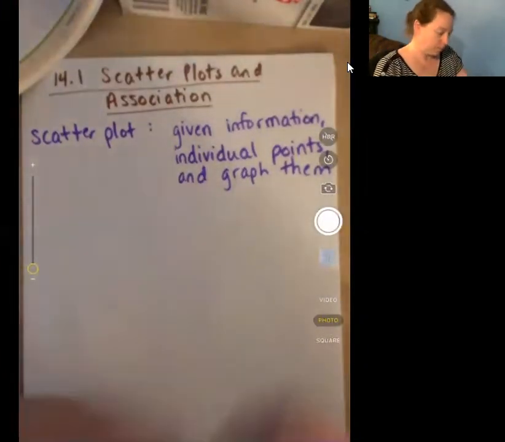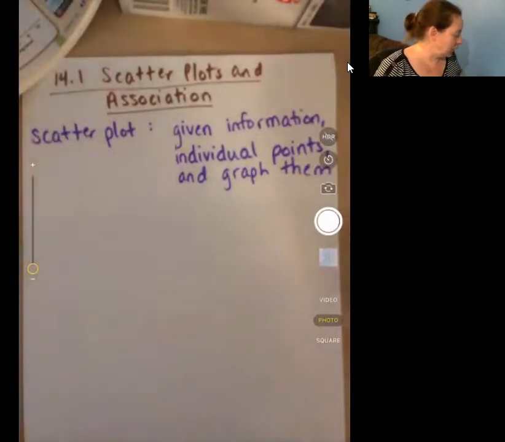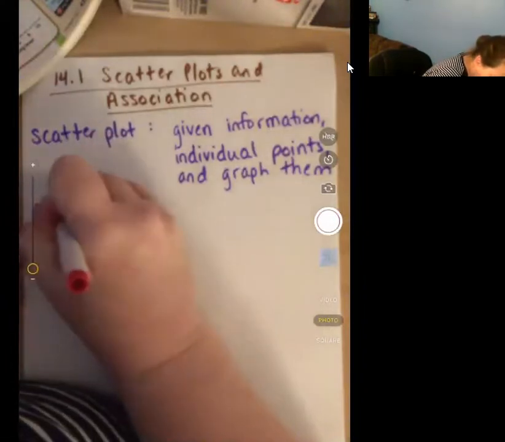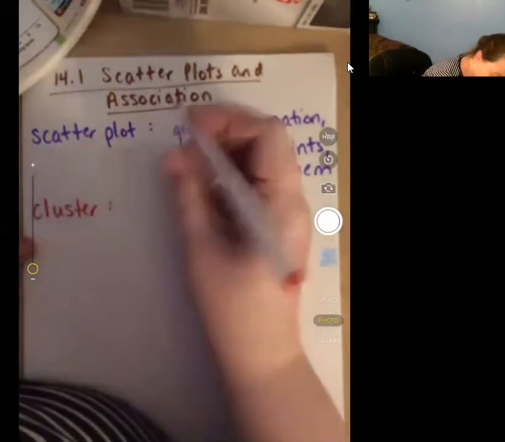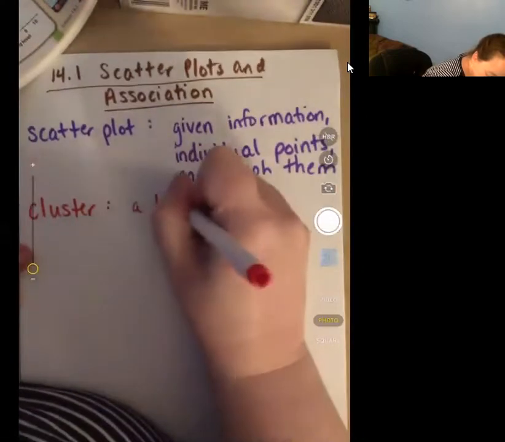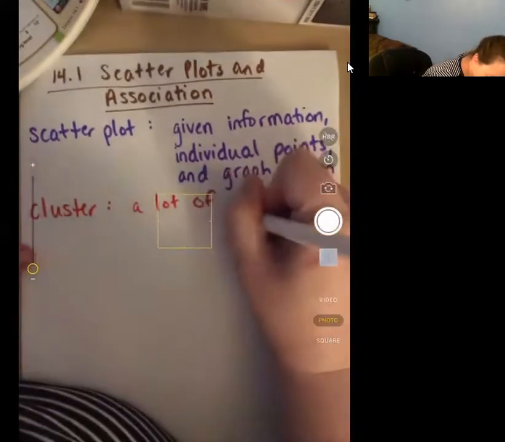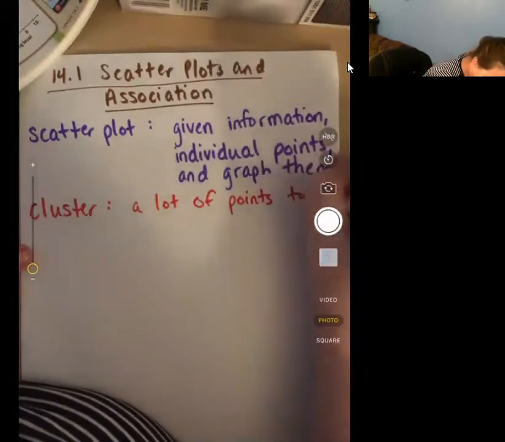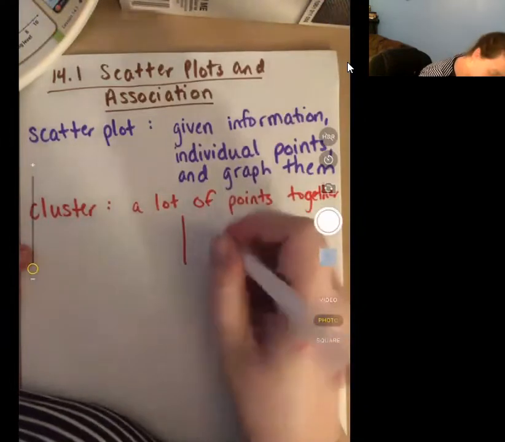So we can look for things like clusters. A cluster is a lot of points together. So a cluster ends up looking like this.